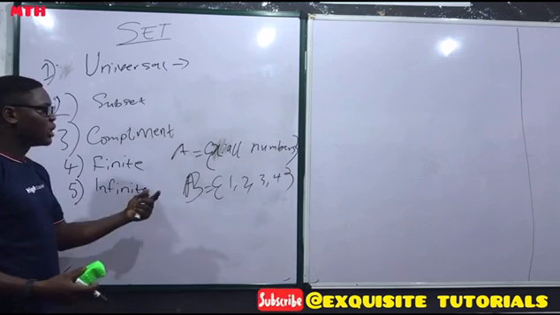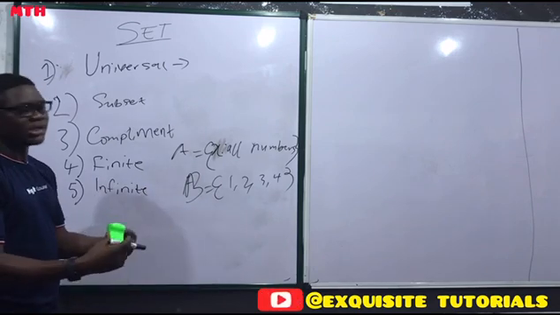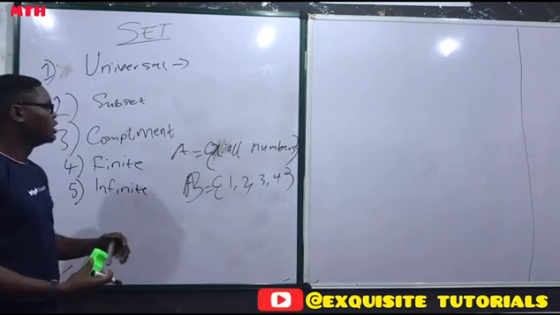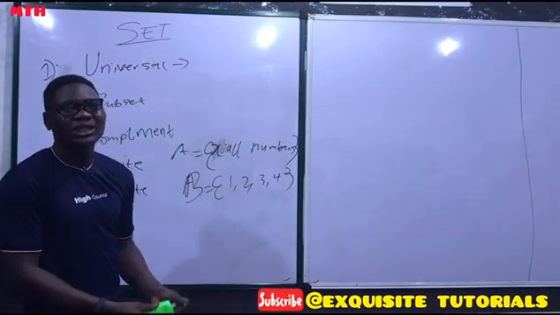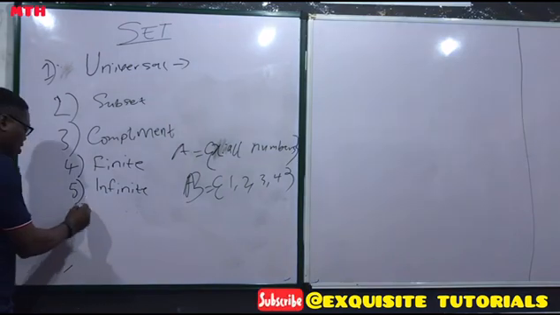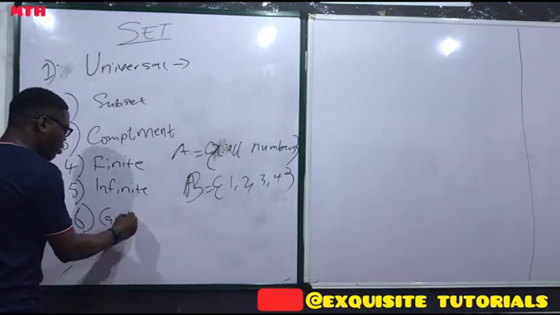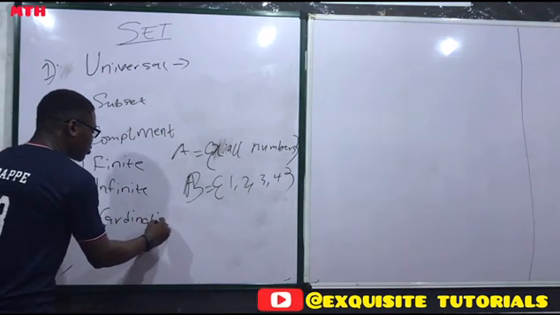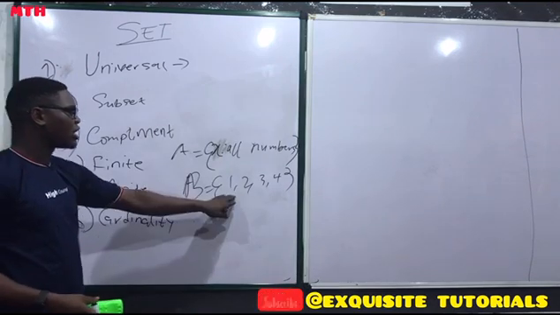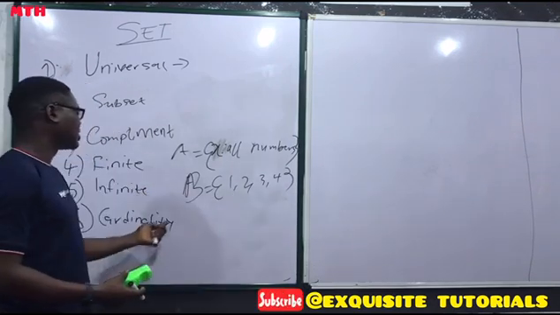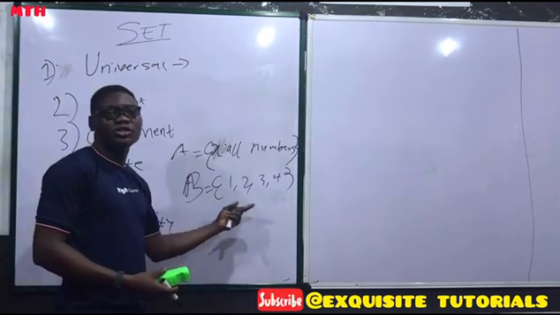Now, the sixth term is the number of elements in a set, which is what we call the cardinality of the set. So this set has 4 elements, which means the cardinality of this set B is 4.